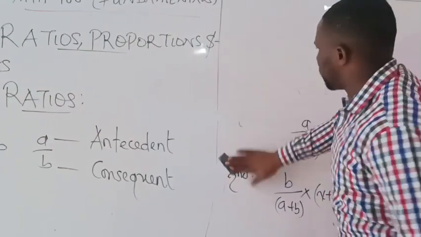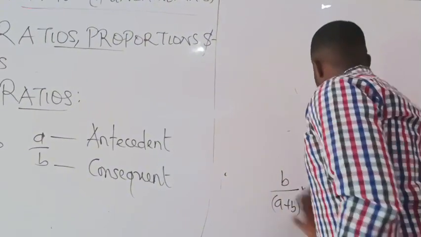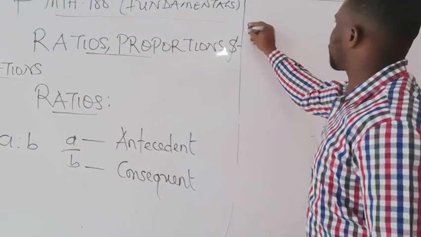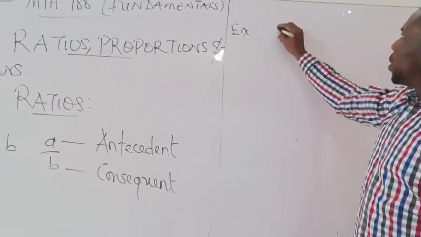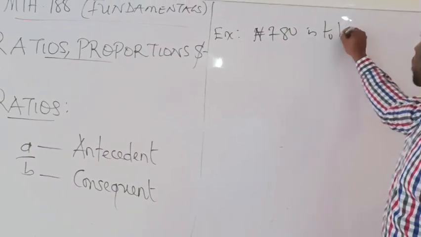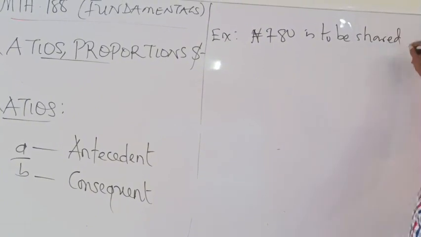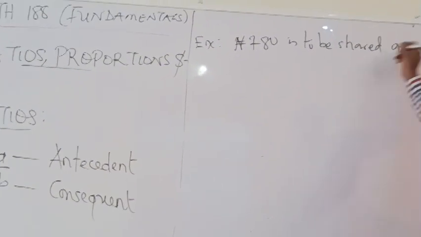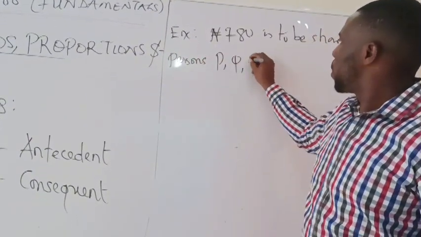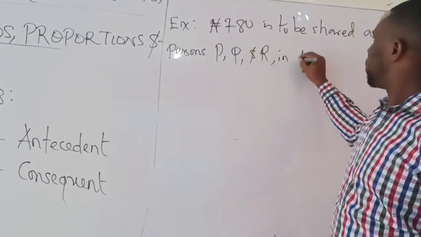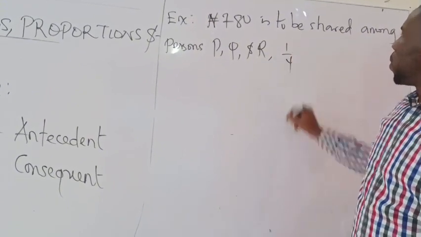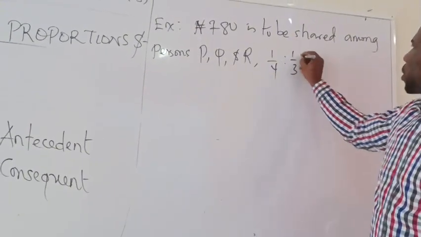I'll give more and more examples. So the other example is coming up shortly. So another example is this. Let's say 780 naira is to be shared among persons P, Q, and R in the ratio 1/4 to 1/3 to a half.